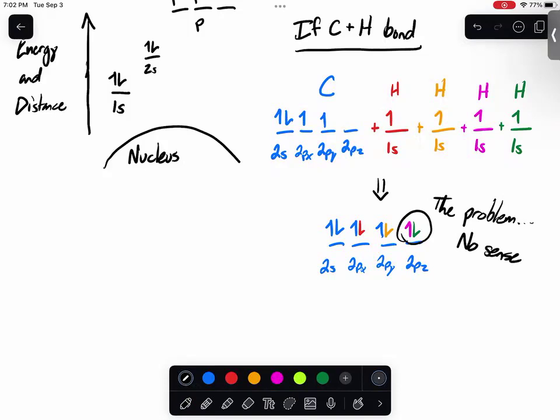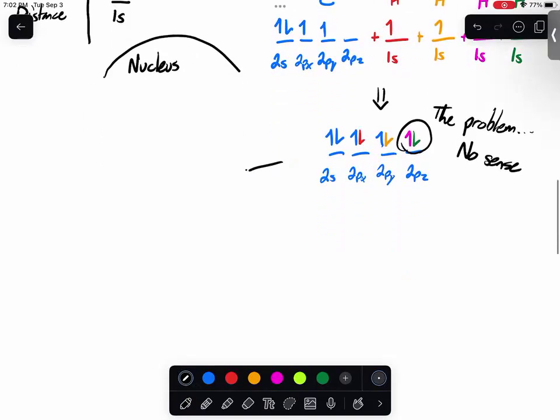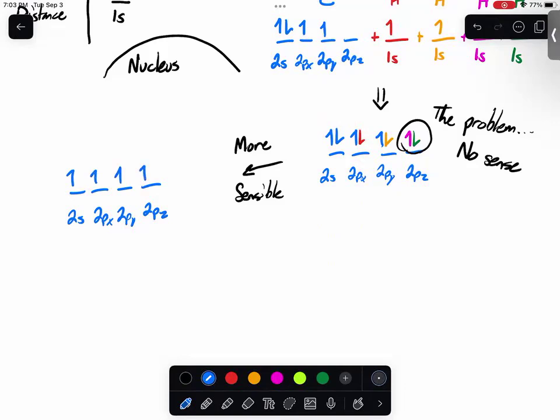What would be more sensible, though, is if we were to take this idea and we were actually able to fill the hydrogens in to all orbitals to where they were equal, right? So if we were to take this same idea and instead we had that 2s orbital where it only had one electron and we put that in the pz, then the red, the orange, the pink, and the green could all fill in to pair up with one of the orbitals, and that would be an equivalent mixture.